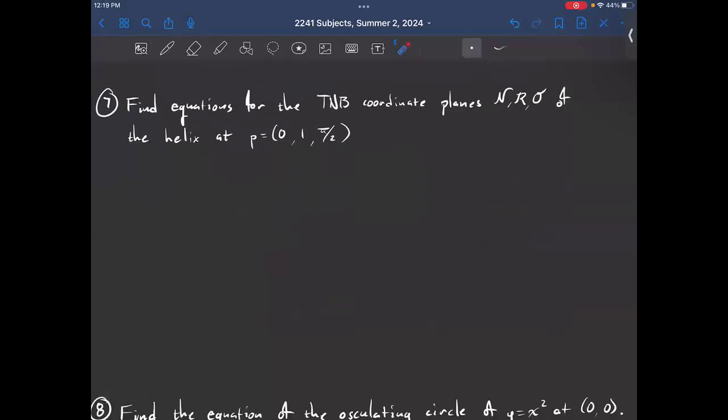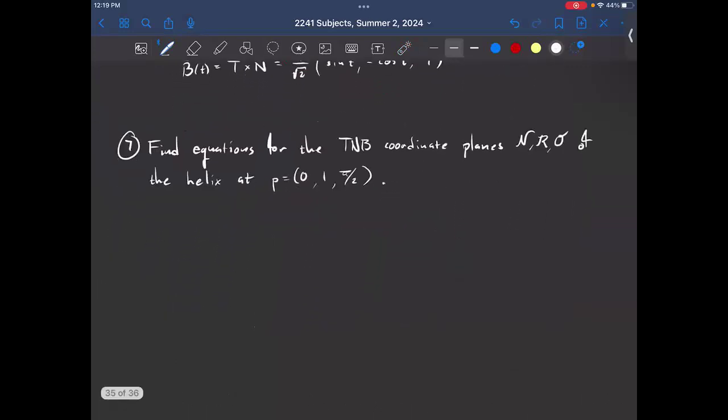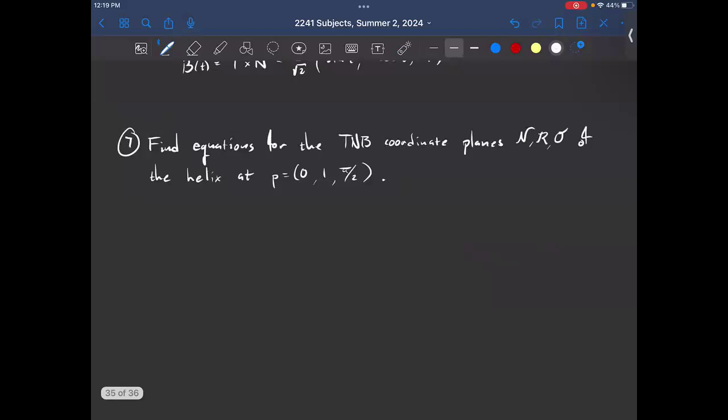Next, find equations for the T, N, and B coordinate planes of the helix at this point, 0, 1, pi over 2. Okay, so we have our T, N, and B vectors, and we remember maybe that, maybe we don't remember, so we should write it down.